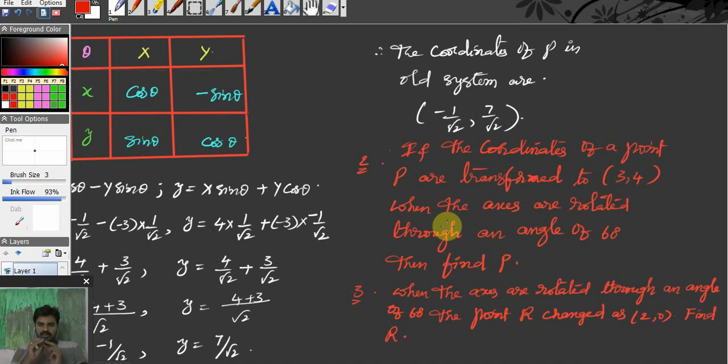When the angle of rotation is given, that problem belongs to the change of axes, and in the change of axes we can take the table to remember. In the translation of axes, the relation between small x, small y and capital X, capital Y is capital X is equal to x plus h, capital Y is equal to y plus k. In the same way we can find the small x and small y values also.